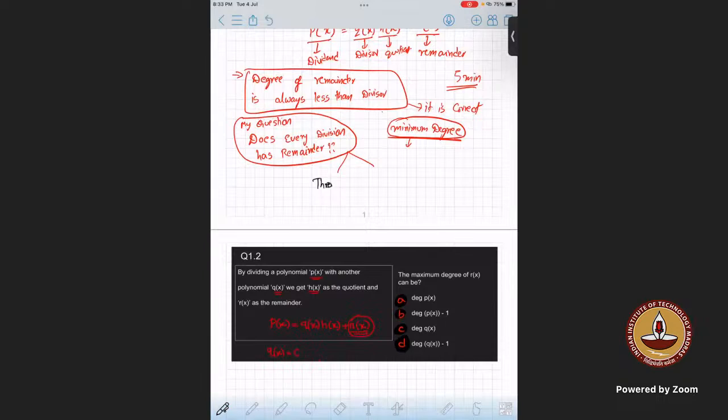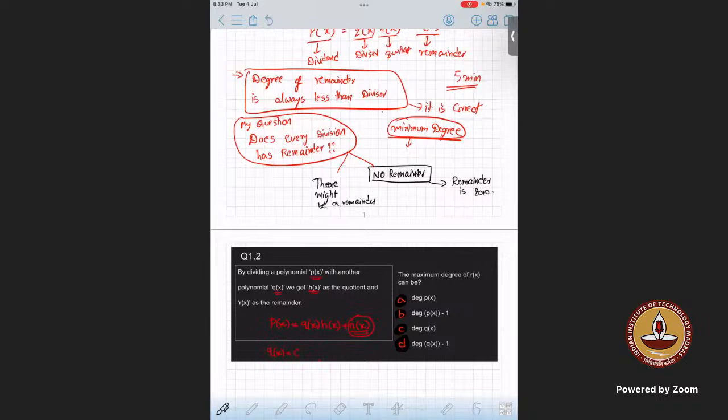There might be a remainder or no remainder. If there is no remainder, that means the remainder is 0.